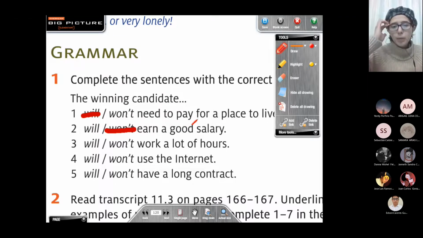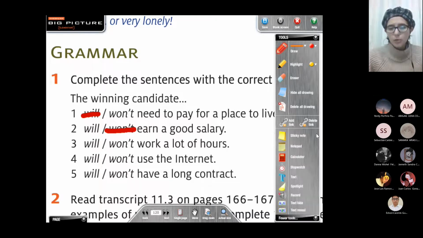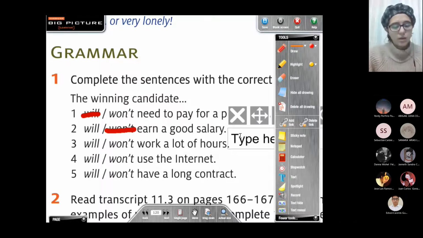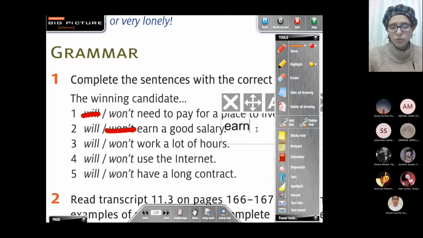Okay, when talking about money, we're going to say earn, not win. Cuando hablamos de dinero y queremos decir ganar dinero, we're going to say earn. Earn significa ganar. No se confundan con el verbo win. Sí, también usamos win para ganar.